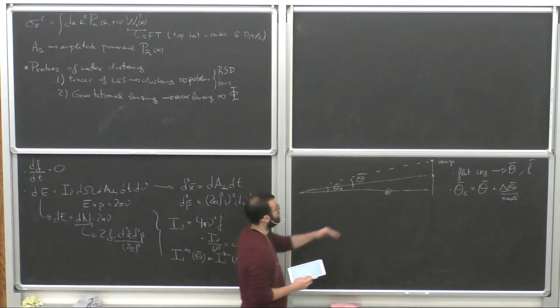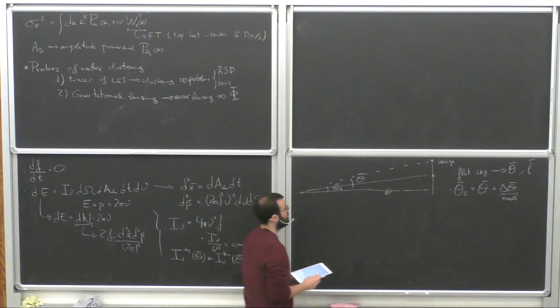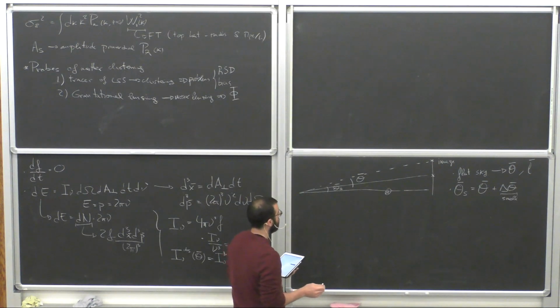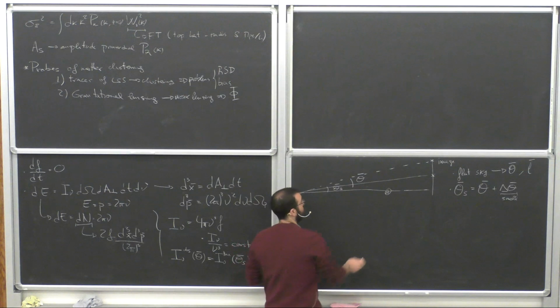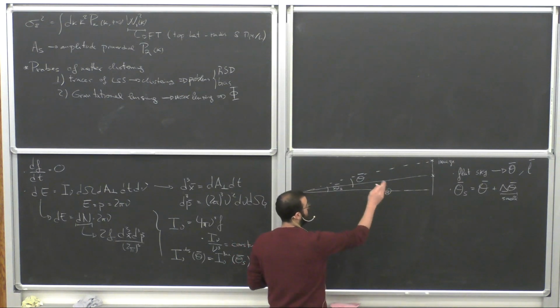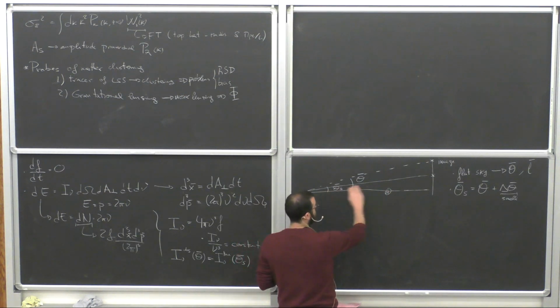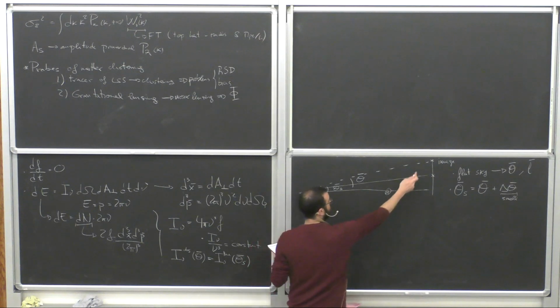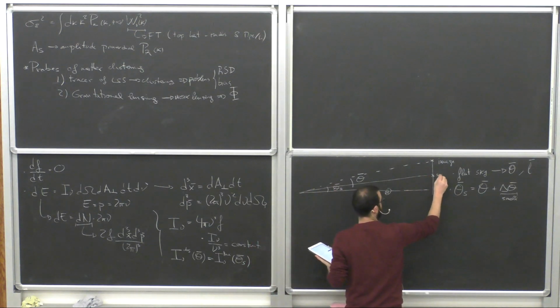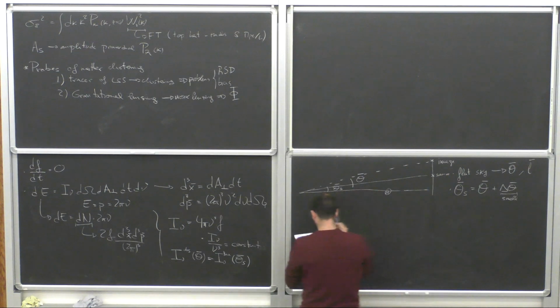Okay, so now let's try to break down the coordinates of this system. Since we are in that flat sky approximation, we are considering that the distance of both the image and the source to us is the same.